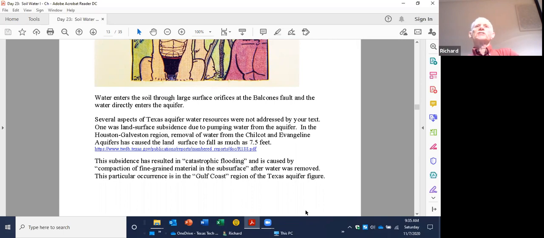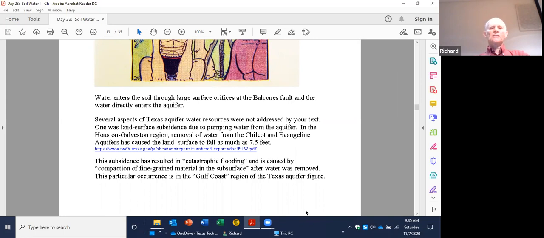The aquifer is a solid-liquid-air mixture. If you remove the water, which helps hold up the soil surface, air replaces it, and so the whole soil subsides. This is really a big problem in the Central Valley of California also.